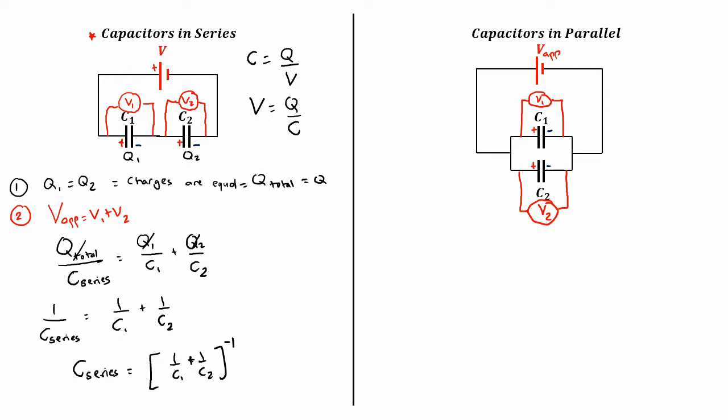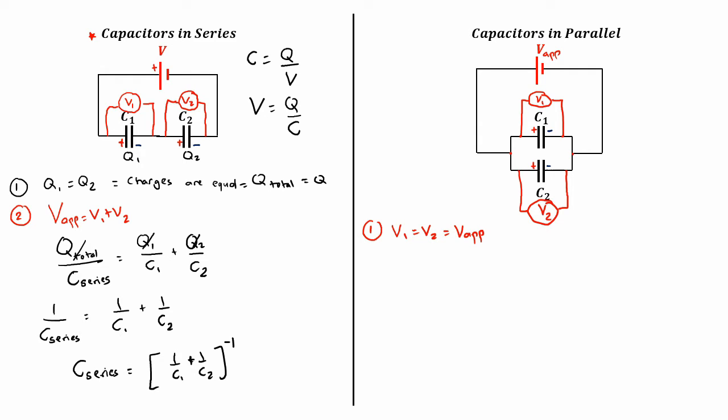As we remember from our previous experiment and also the lab, because there is a junction here and here, all of these points are as good as being connected to the two ends of the battery. So that will be characteristic number 1: voltage 1 equals voltage 2 equals whatever voltage is applied.